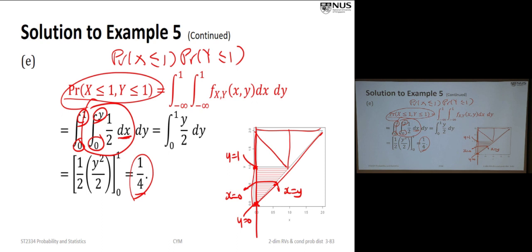Is this probability the same as this probability? In general, no. If this holds, what does it mean?